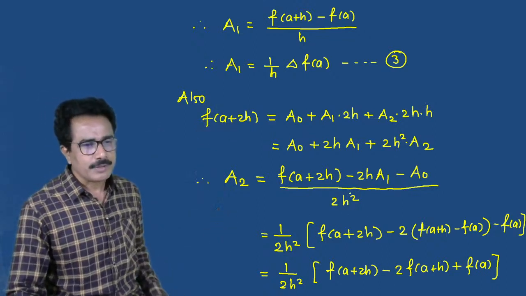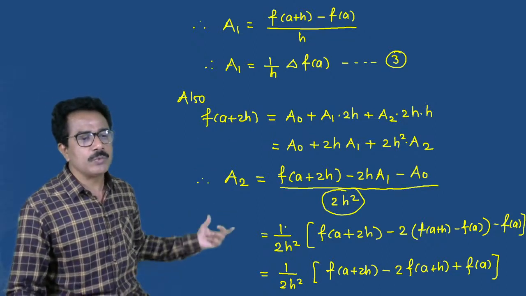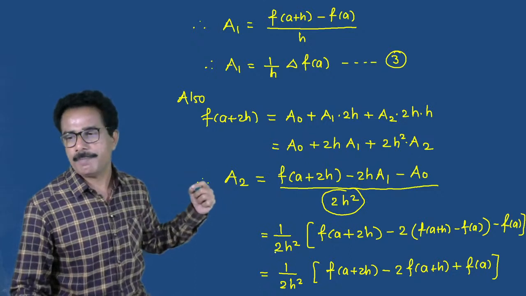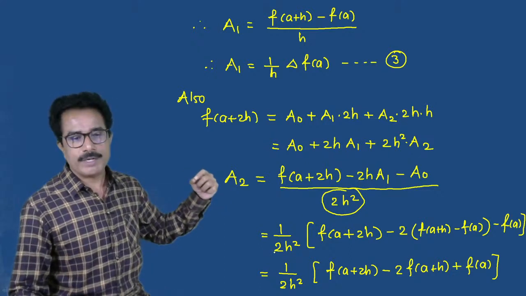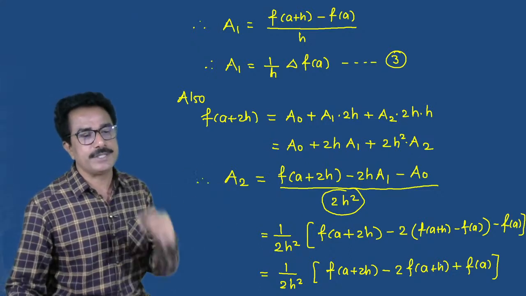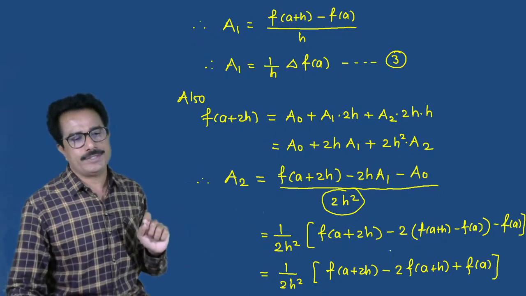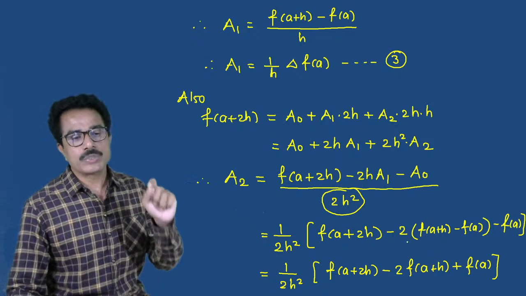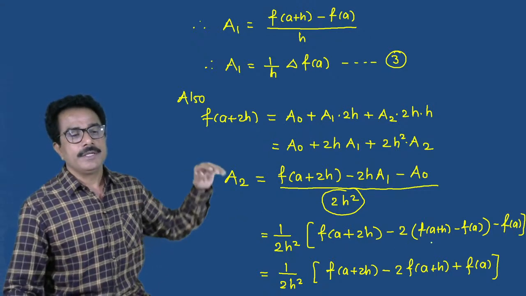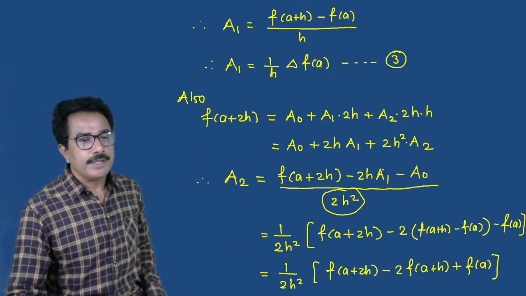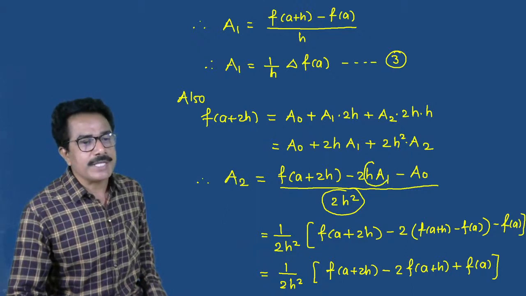Now put this 1 upon 2h square as it is. Then we get f of A plus 2h minus 2 times of, see this, A1 into h, पहा.